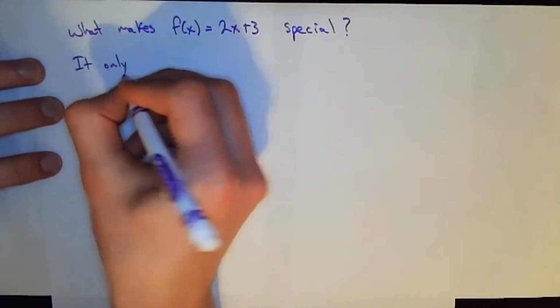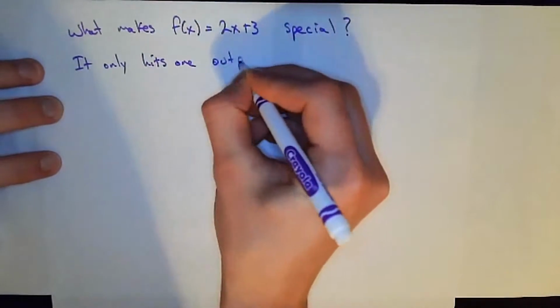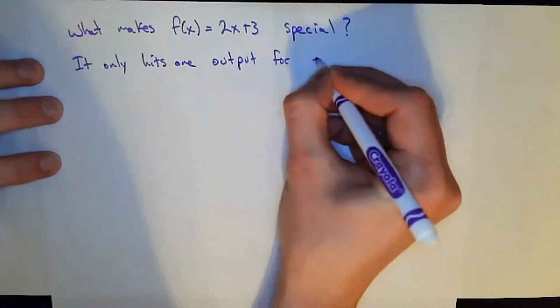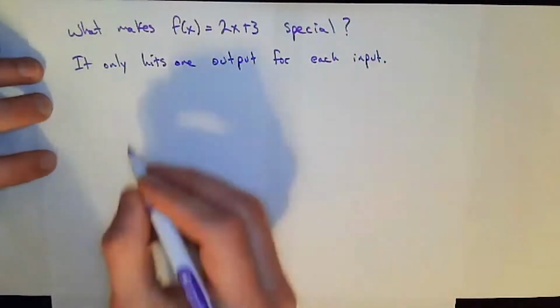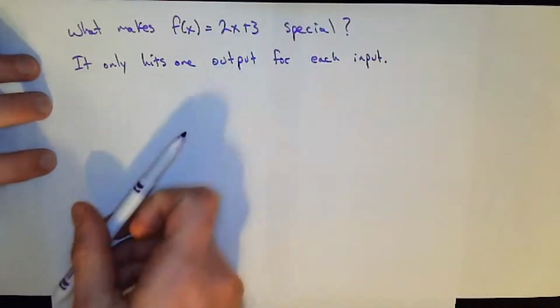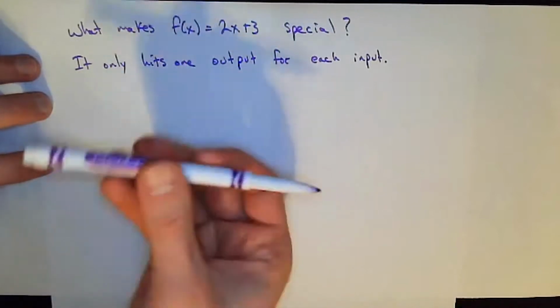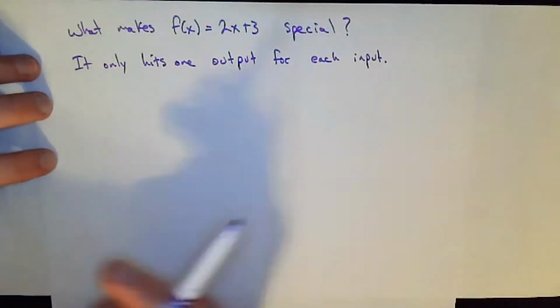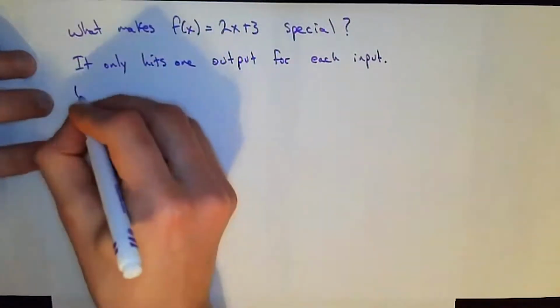It only hits one output for each input. Right, if I was to graph this, it's a straight line, right? 2x plus 3, y-intercept at 3, slope of 2. It's never going to fold back on itself, right? So it only hits one output for each input.